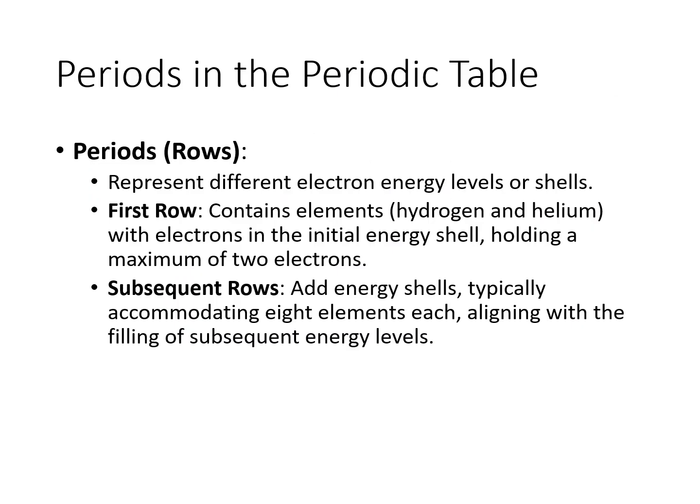Periods in the periodic table are the horizontal rows, and they represent different electron energy levels, or shells. The first row contains just 2 elements, hydrogen and helium, because their electrons only fill the very first shell, which holds a maximum of 2. As you move down the table, each new row adds another energy level.